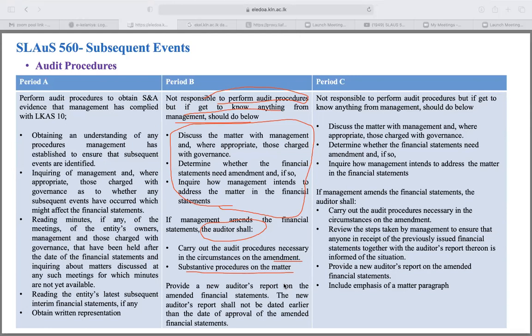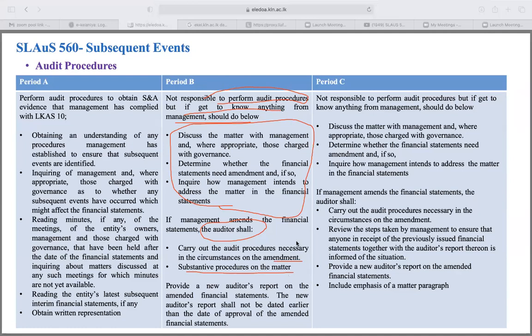Then as an auditor, we have to issue the new audit report. So that audit report date needs to be after the date of approval of that amended financial statement. Right? Am I clear about period B?